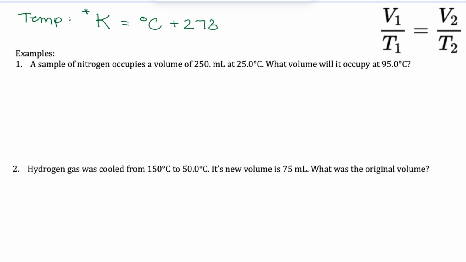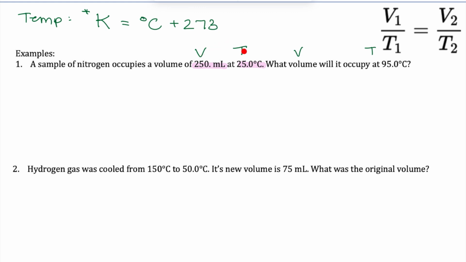That is on your formula sheet, but anytime we're doing calculations, we need to make sure we are actually converting that temperature. So we have a volume of 250 milliliters at 25 degrees Celsius. So volume, temperature. What volume will this occupy at 95?